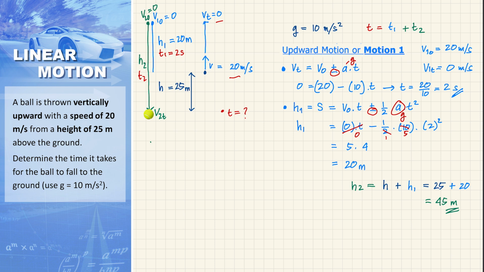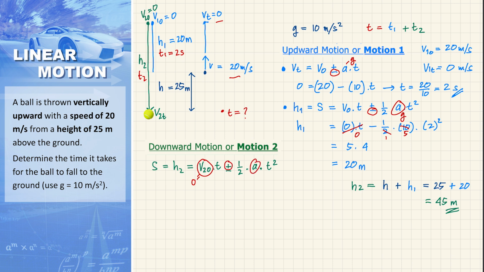Let's continue to the problem discussion. Now, we will analyze the downward motion or motion two. The distance, or h2, is initial velocity v20 times t, plus or minus 1/2 times a, multiplied with t square. v20 equals 0, because when the ball is at the top it stops for a while. For the second term, because the ball moves faster, we use the positive sign.